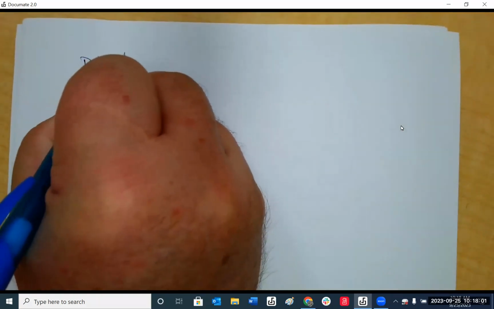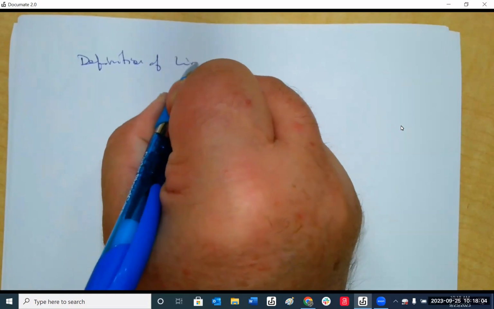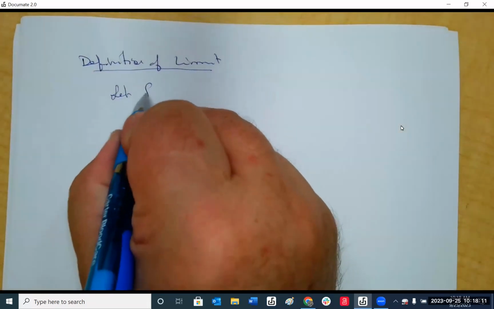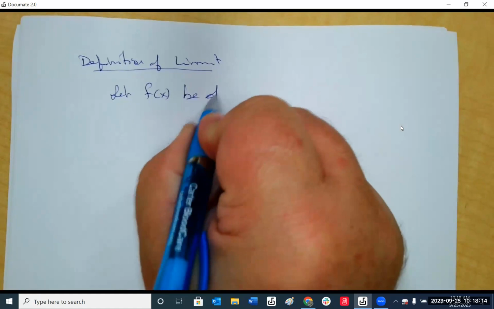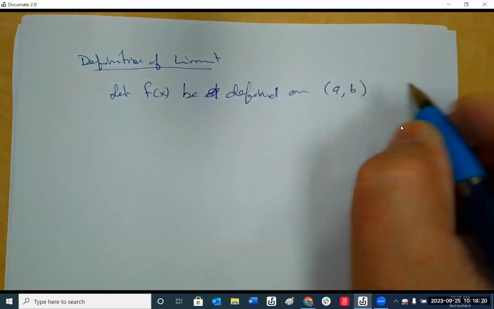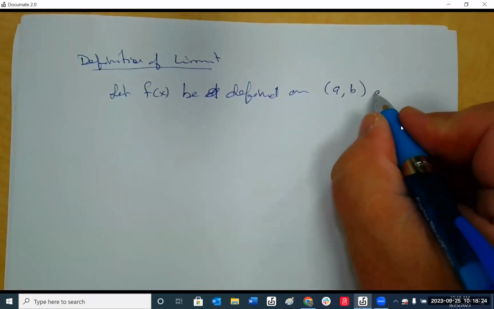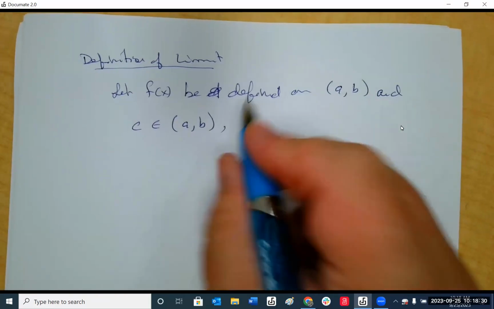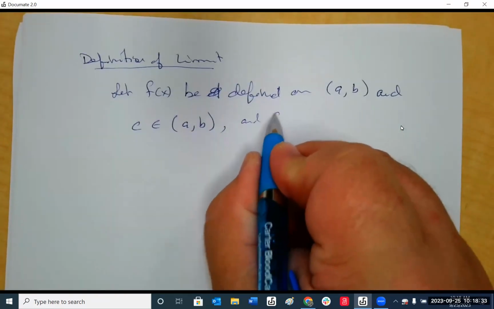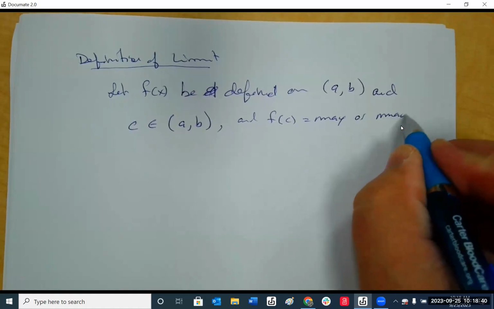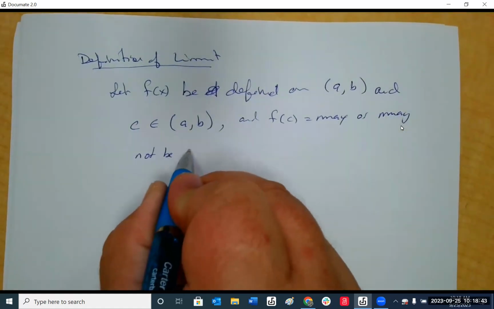Page 2. Definition of a limit. Let some function f of x be defined on an open interval (a, b), and c is an element inside that open interval, and f of c may or may not be defined.